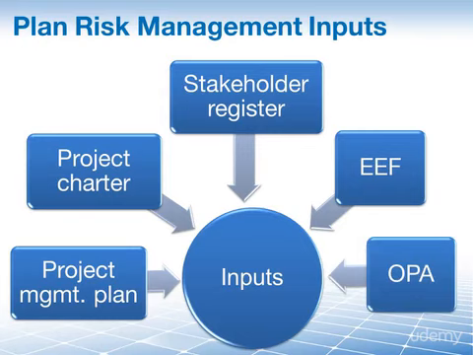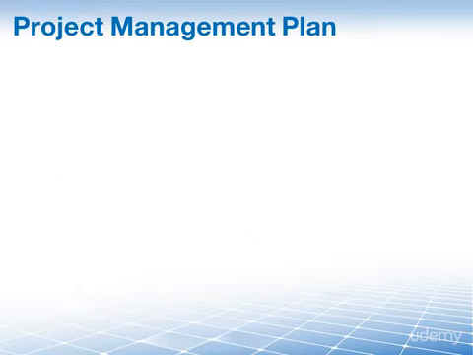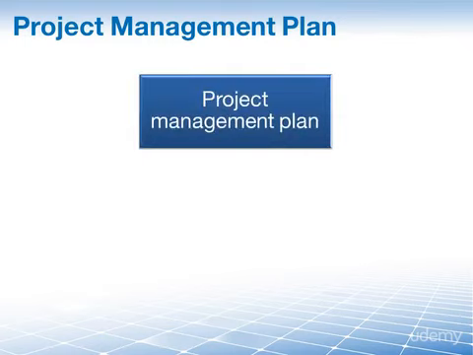Let's take a look at why these are important inputs in helping us create our risk management plan at the end of the process. Our first input is the project management plan, which will definitely influence the risk management plan processes. In preparing the risk management plan, all management plans and baselines must be considered in order for the risk management plan to be consistent with them.